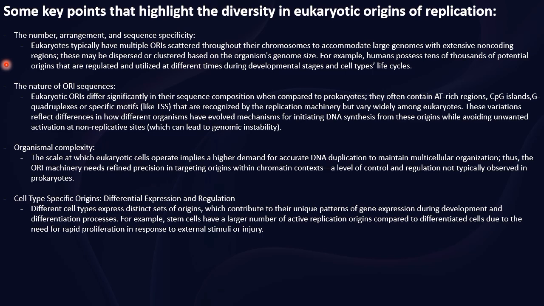The only thing we know about the ORI sequences of metazoans is that they share a commonality: they contain AT-rich regions, CpG islands, G quadruplexes, or specific motifs like TSS. They also contain nucleosome-free regions, etc.